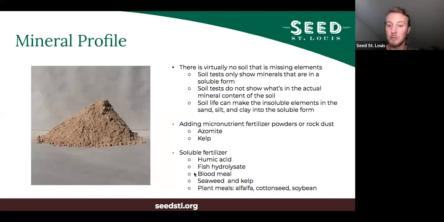Blood meal is a great nitrogen fertilizer. Seaweed and kelp meal are good. And then plant meals, so things like alfalfa meal, cottonseed meal, soybean meal, rapeseed meal, which is usually called canola meal in the US. Things like that can all be good fertilizers that are not going to be doing damage to the beneficial fungus, bacteria, earthworms, all those things in your soil.